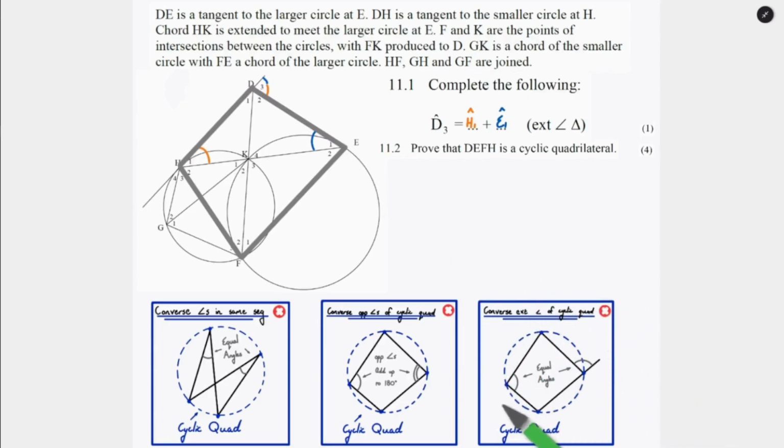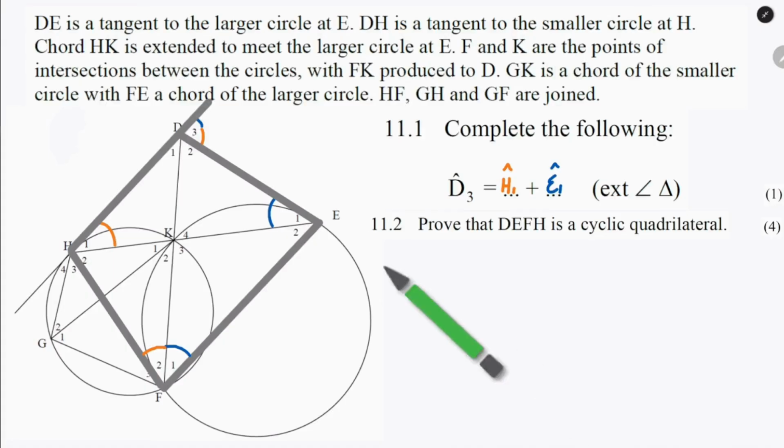So I want to aim for this one, converse exterior angles of cyclic quad. The exterior angle here is a blue one plus an orange one, so we want to prove that this angle down here is a blue one plus an orange one. So let's make that happen.